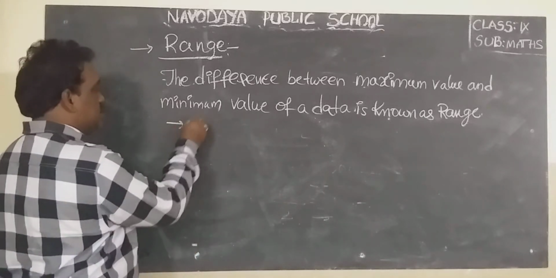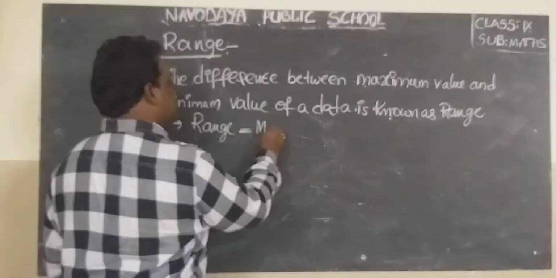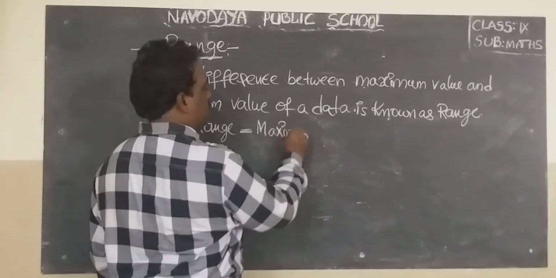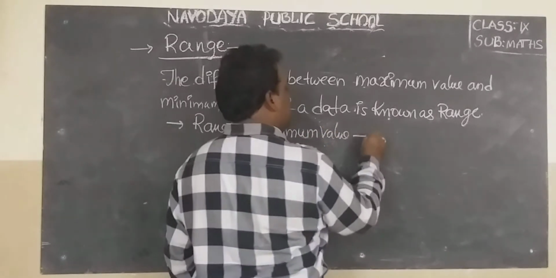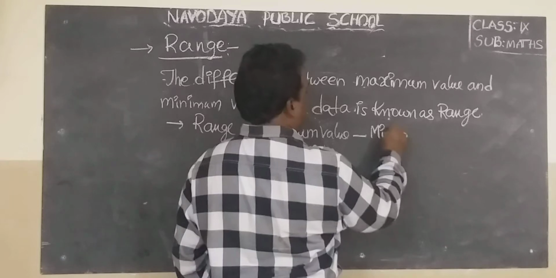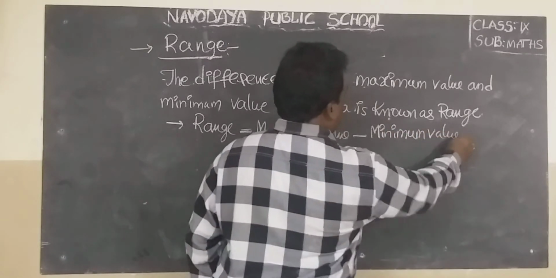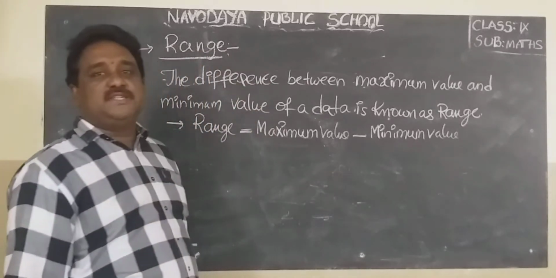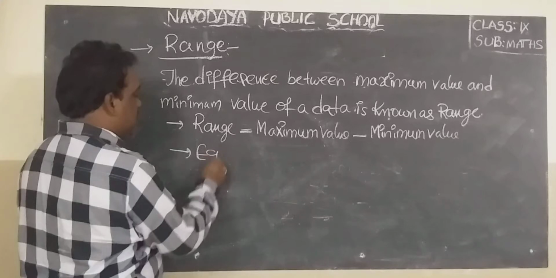Second point. Range equals maximum value minus minimum value. So range formula: maximum value minus minimum value. Third point, example.